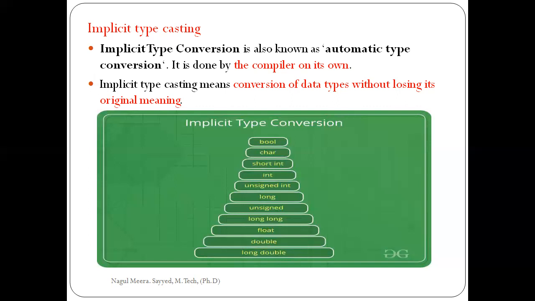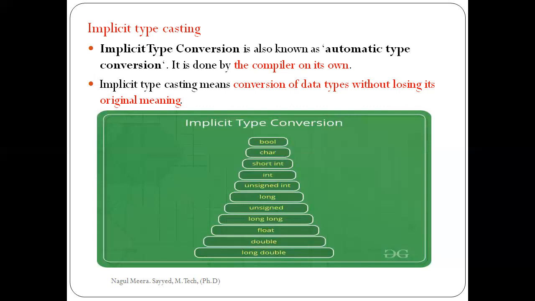For example, I am converting one data type, for example an integer data type, into float. In this, the result is not completely changed. There may be some little bit of change, but the original data is not changed completely. This is the meaning of implicit type conversion.